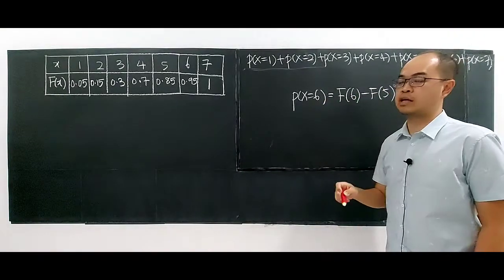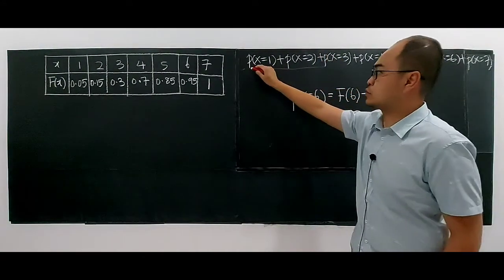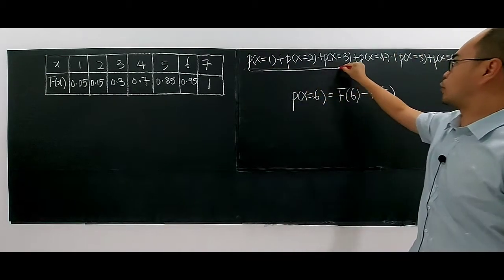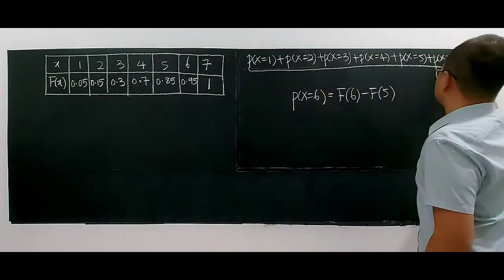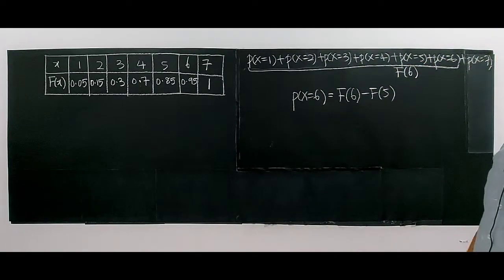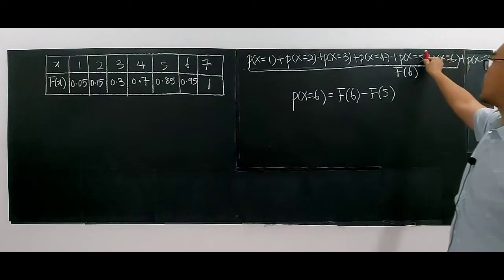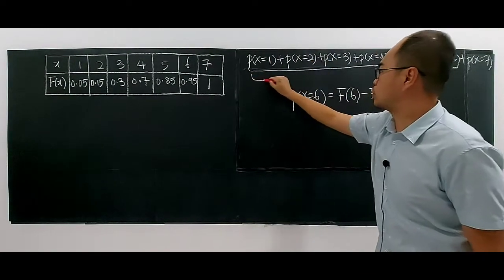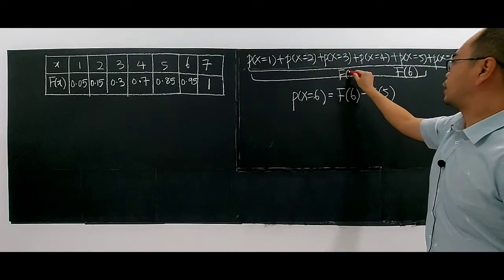For a discrete random variable, you can do it this way. You should understand the reason here. From x = 1, 2, 3, 4, 5, 6, if you add up everything, this is called the cumulative up to x equals 6, right? You want to find P(X = 6), so you need to subtract the one before, which is F5.